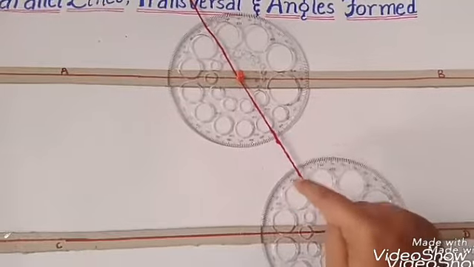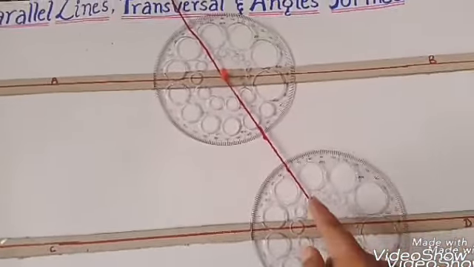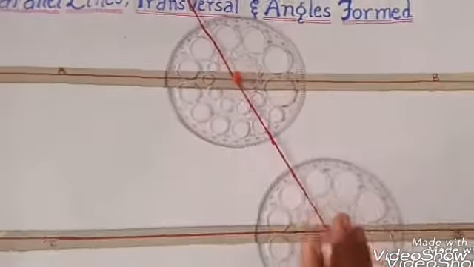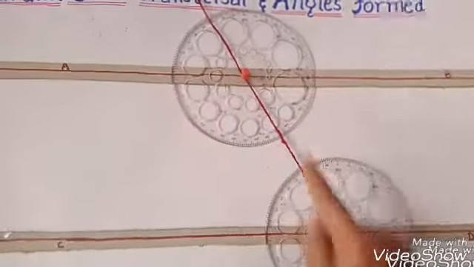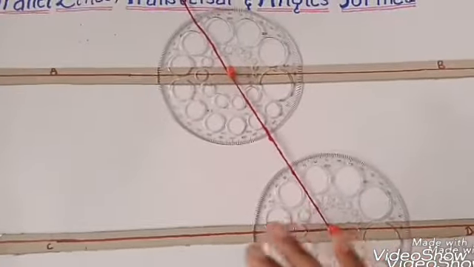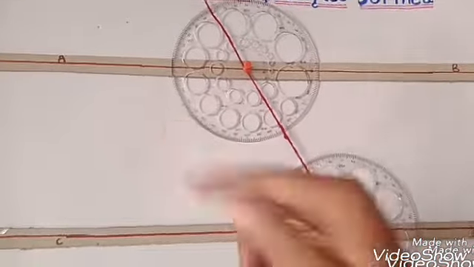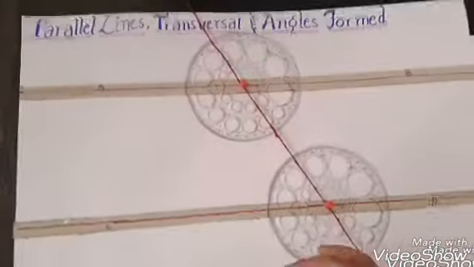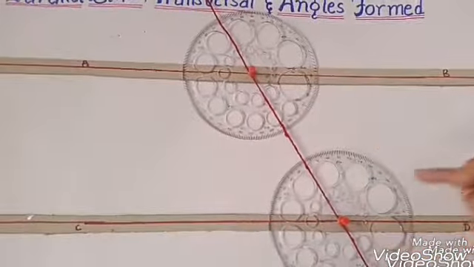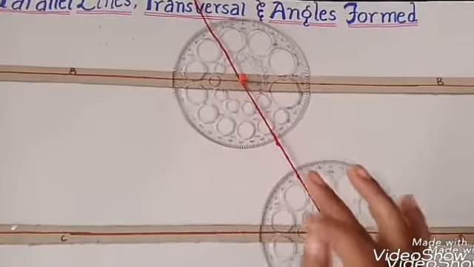Now totally how many types of angles have we studied? One is the letter X, which indicates vertically opposite angles. Then the Z shape, which we call alternate angles. Inside the parallel lines we call them alternate interior angles, and outside the parallel lines alternate exterior angles. The angles indicating the letter F shape we call corresponding angles.